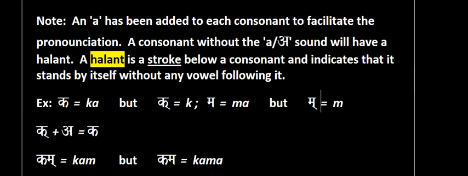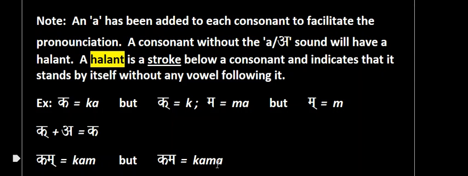So it's m. So ka, k, and m, when you put these consonants together, you're going to get the pronunciation gam. But if I were to take out the halant at the end of this ma, then I'm going to get kama, because it's k plus a plus m plus a, which gives you kama.